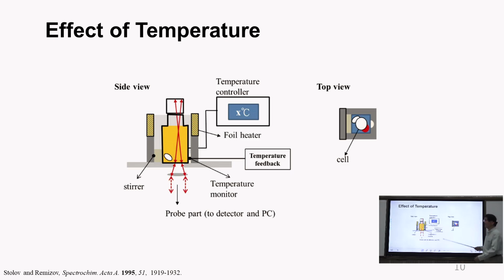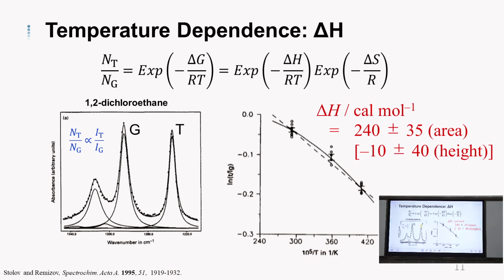Okay, so we can measure the effect of the temperature change. What is known? Okay, from the temperature dependence experiment, we see the thermodynamic parameter delta H, the enthalpy change.